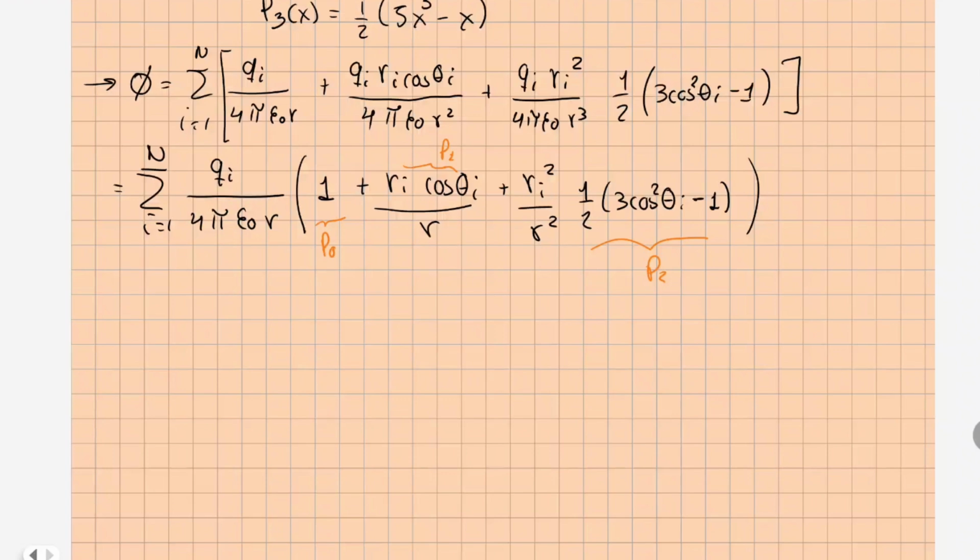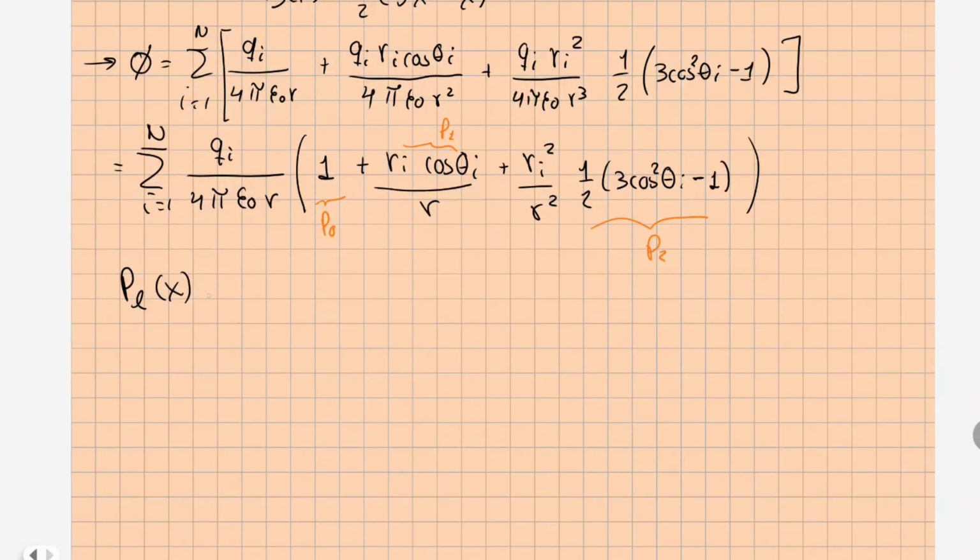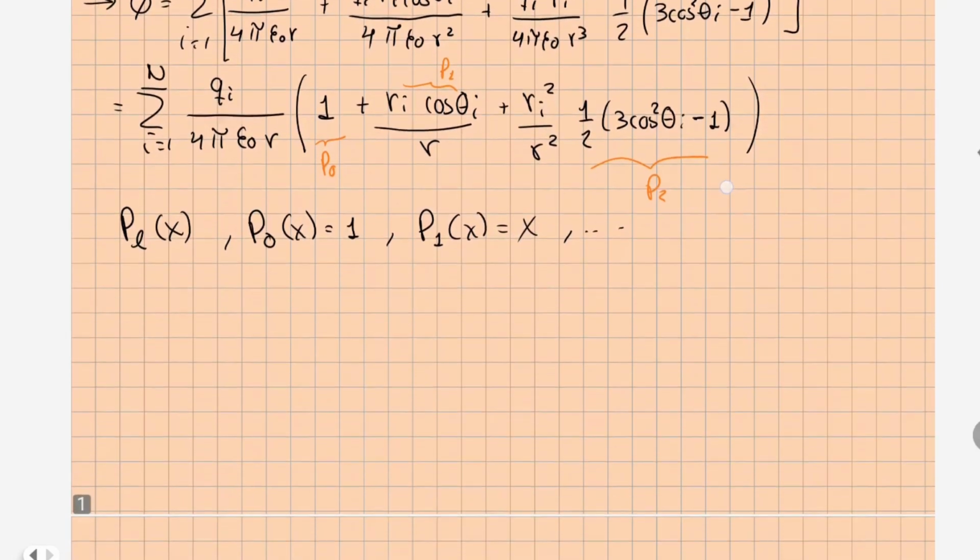Okay, so we are going to name the L-th Legendre polynomial as P_L of x. In this case, remember that P sub 0 of x is equal to 1, P sub 1 of x is equal to x, and so on and so forth. In this case we see that we need to change the x for cosine of theta_i, as we mentioned before. So we have P_L of cosine of theta_i.